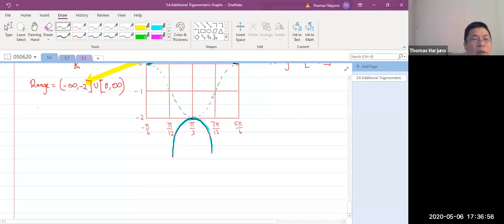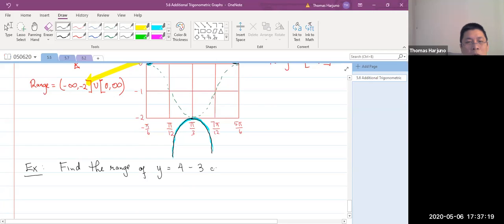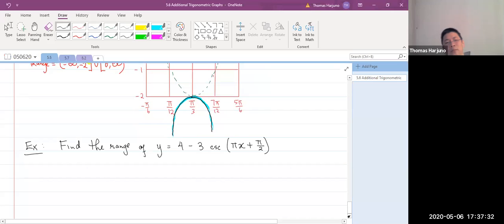Instead of asking so many questions, I simplify all those questions. Instead of asking you to graph it, I simplify that into simply the range. So let's say find the range of y equals 4 minus 3 cosecant of pi x plus pi over 2.